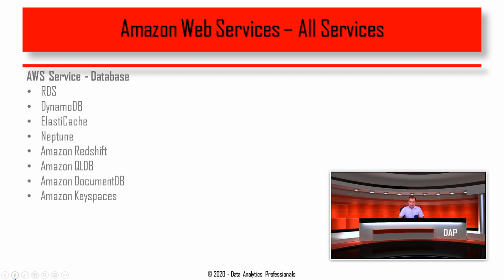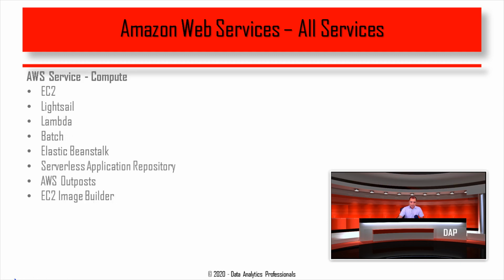Now there are AWS database services, so you can see RDS, DynamoDB, ElastiCache, and so on. Amazon Redshift is there, and you can see there are others in the list. Again, I will do my best to pick some of them and show you how to use them in machine learning within AWS. Compute is a really important service category within AWS.